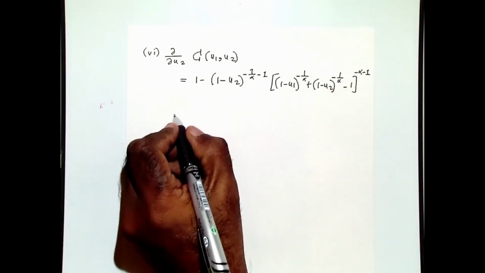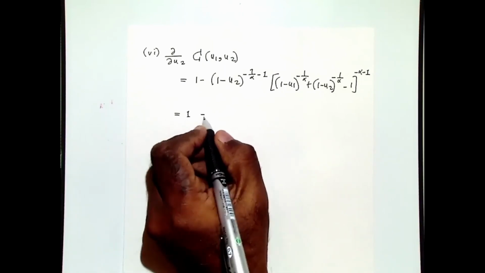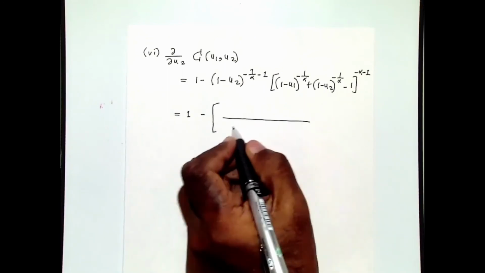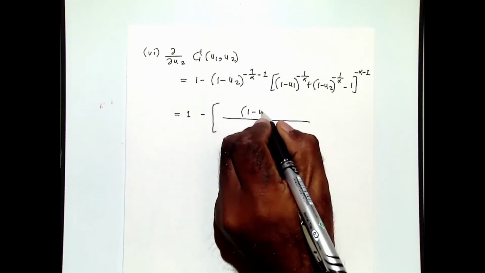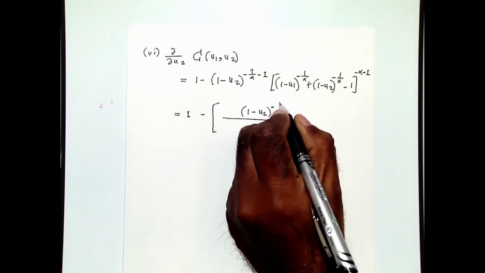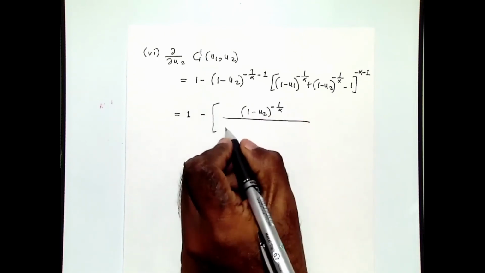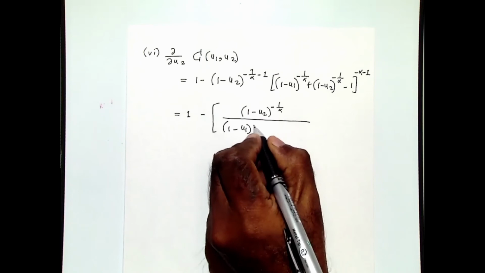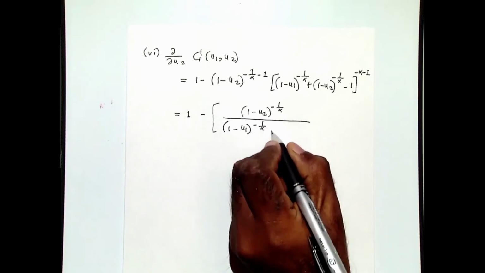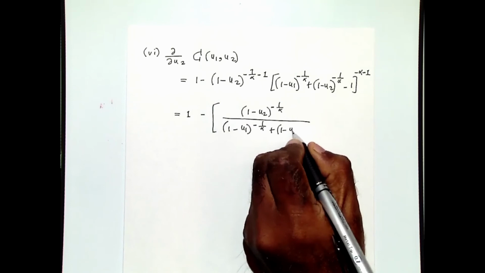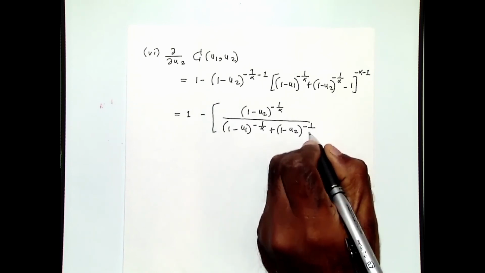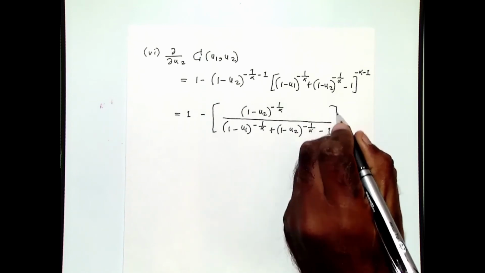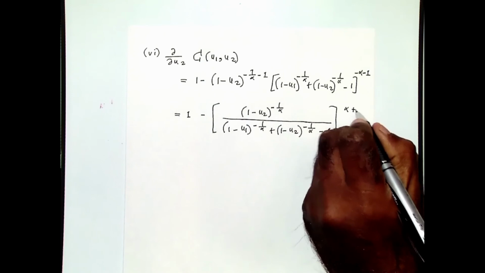Now this you can write as follows: 1 minus, in big brackets, you have this on the top and this on the bottom, all right, this whole thing power alpha plus 1.